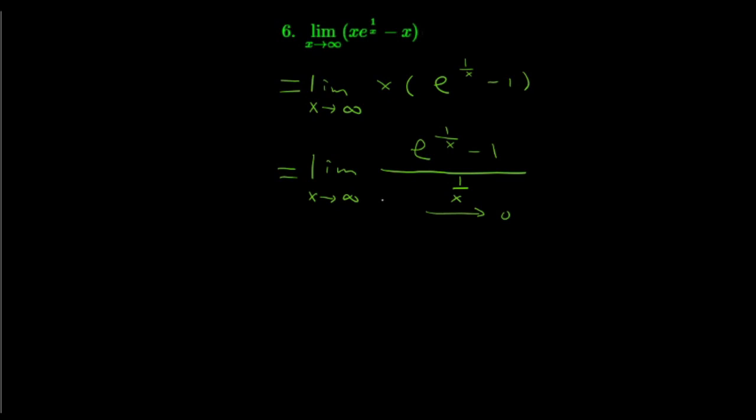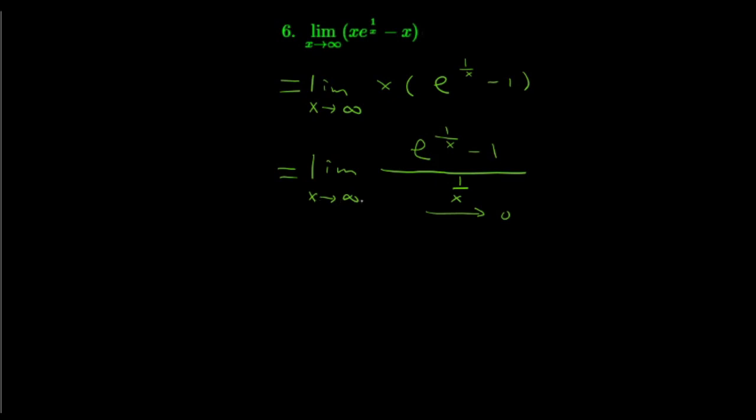The next thing you have to verify: as x gets larger and larger positive, what is the limit of the numerator? Follow me. As x approaches infinity, 1 over x gets closer and closer to 0, very close to 0. Then e to the power of 1 over x gets closer and closer to 1, because e to the power of 0 is equal to 1. And then 1 minus 1 is equal to 0.